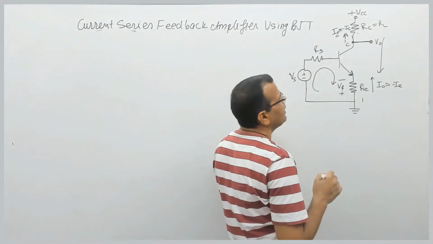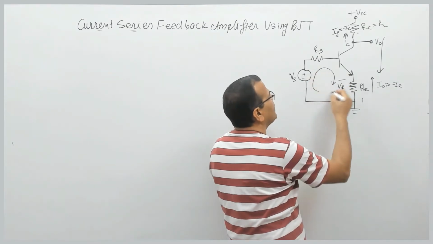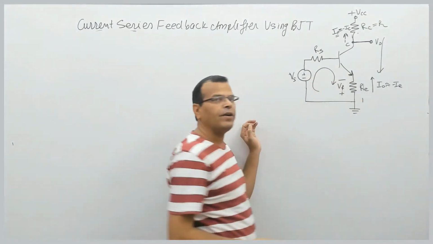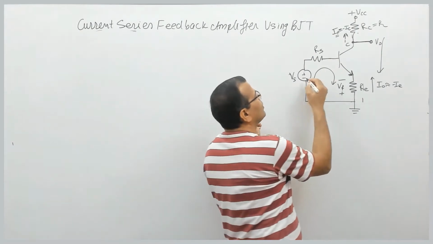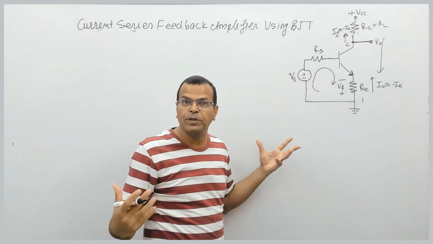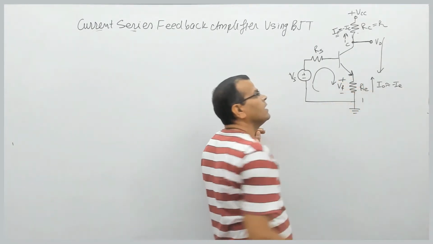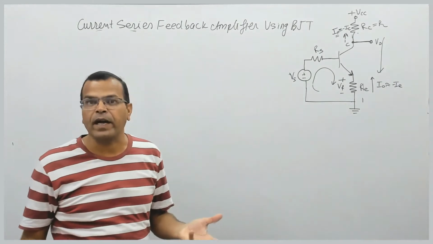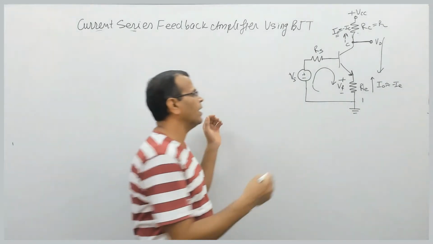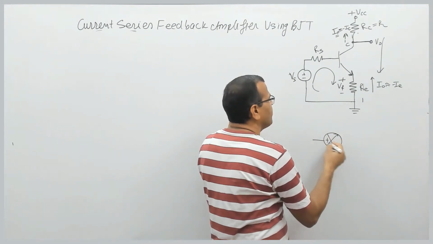Now the point is, if you see, this voltage is additive, but for negative feedback what should be there? This voltage minus plus, this is additive to supply voltage, so feedback becomes positive. So if you take plus minus like that, in that case it becomes negative feedback. So we need to remember, if you remember the block diagram, we have plus sign here, a minus sign here.